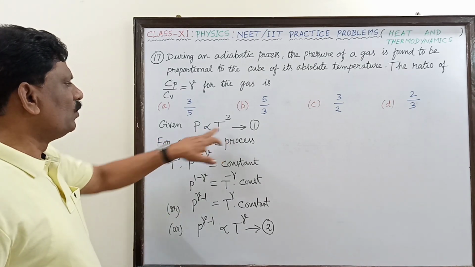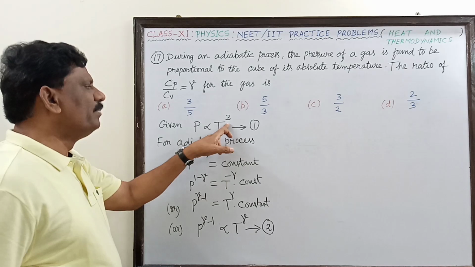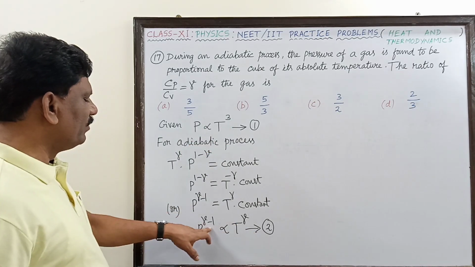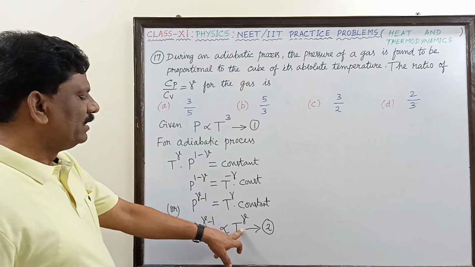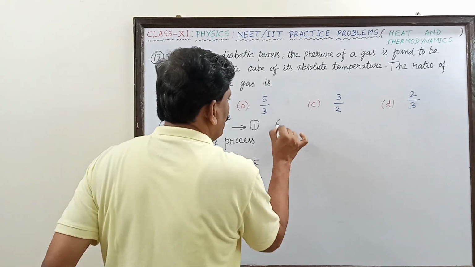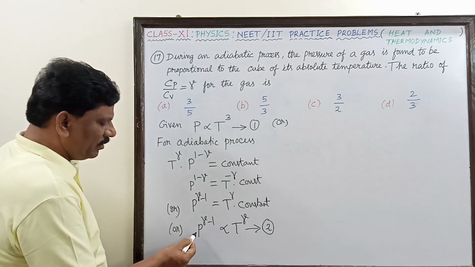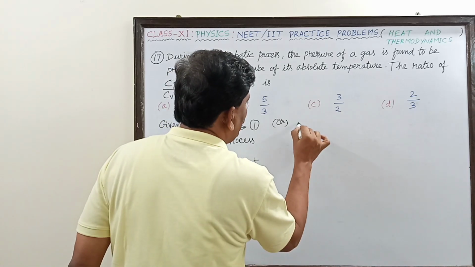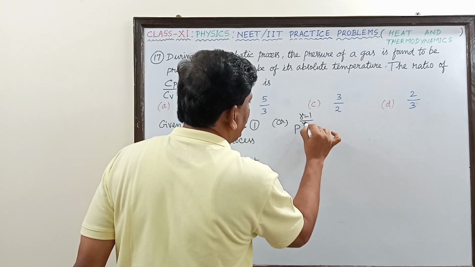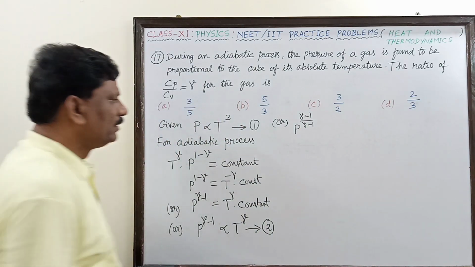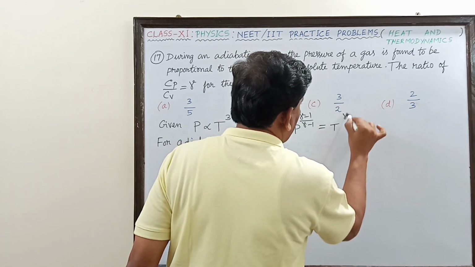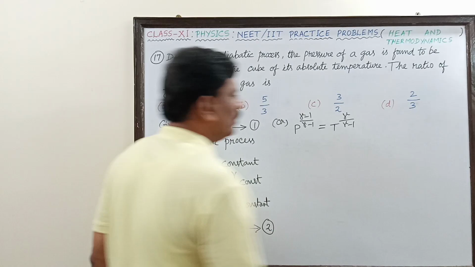Now expression 1 is P is proportional to T power 3, and expression 2 is P power gamma minus 1 proportional to T power gamma. So I will readjust: P raised to the power gamma minus 1 divided by gamma minus 1 must be equal to T raised to the power gamma divided by gamma minus 1.